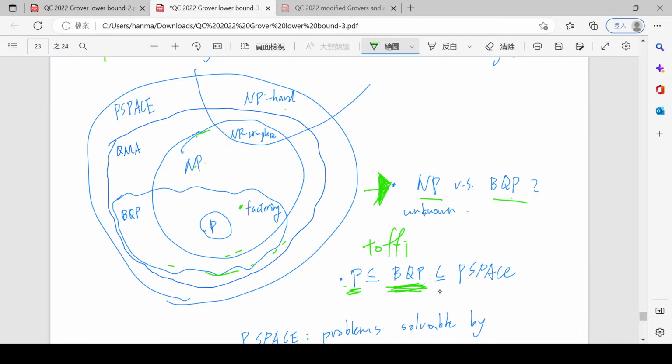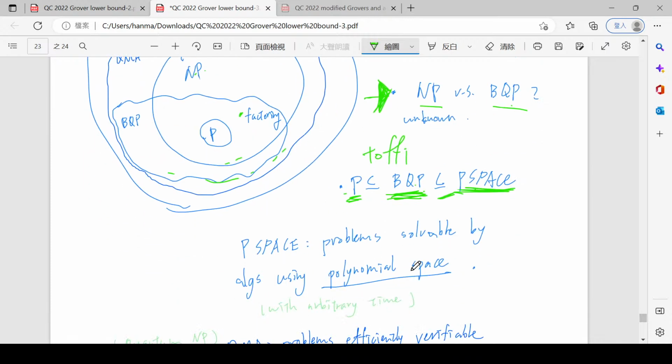Also, this is a bit less trivial proof, but you can prove that BQP is in the class PSPACE. PSPACE is the class that allows you to use polynomial space. It's actually a huge class because this is the only constraint.